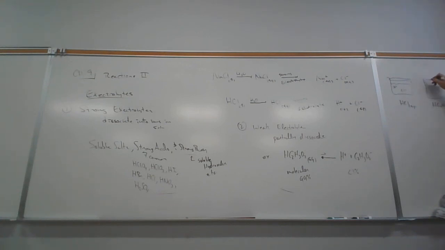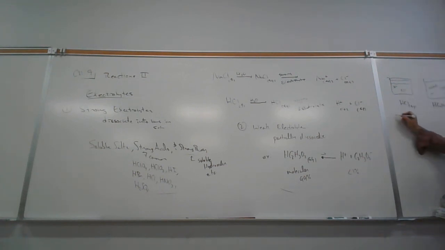We're mostly going to find acetic acid molecules. The molecules stay together as HC2H3O2 molecules, and maybe 1 out of 100, or less than 1 out of 100 molecules will break apart into the ions H plus and C2H3O2 minus.